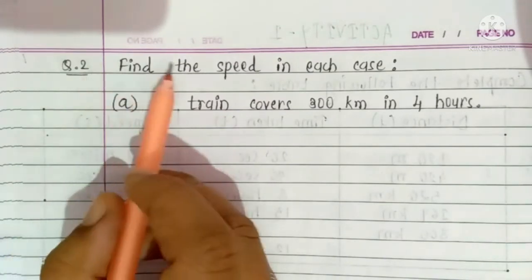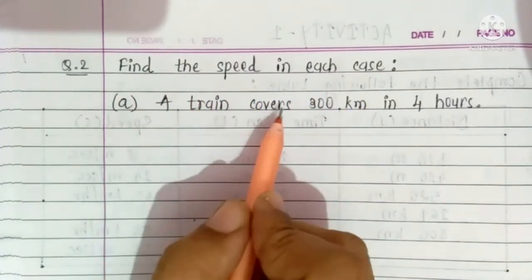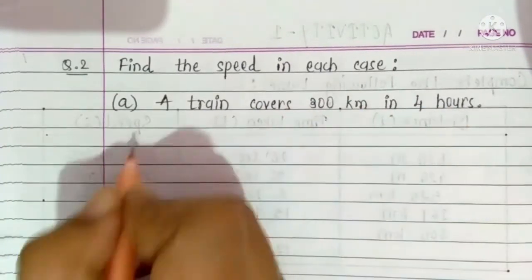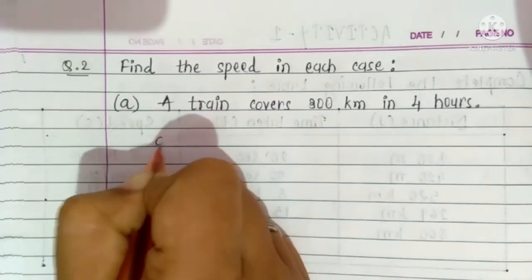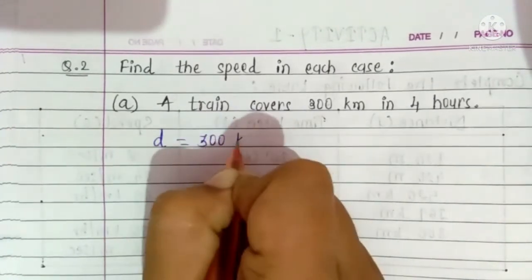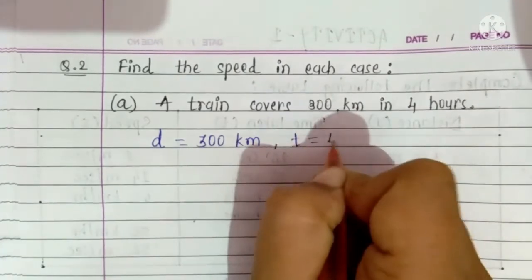Question number 2. Find the speed in each case. A train covers 300 km in 4 hours. First of all, we write what we have. Distance D is equal to 300 km. Time T is equal to 4 hours.